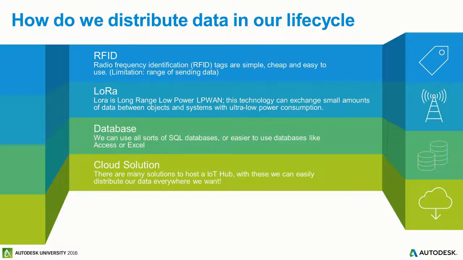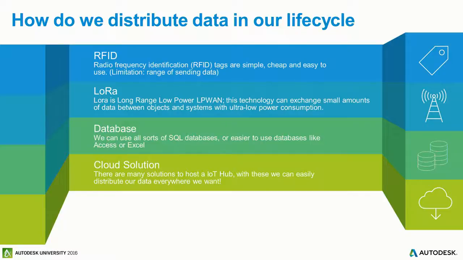And then it would be stored in a database. You could set up your own database, and it could be as simple as Excel or Access. That's the most simple part, and I'm going to show you how you do that. Or you could use an SQL database of whatever kind you would like, and you could set it up on your own server or whatever you want.